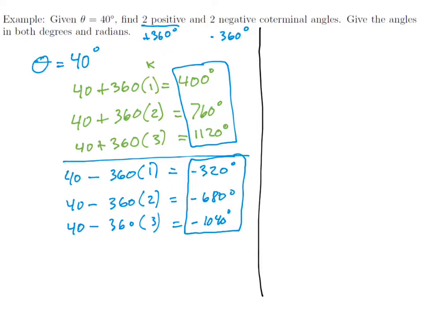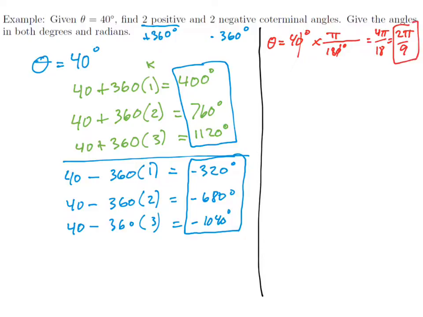The first thing we need to do is convert this angle from degrees into radians. So remember, we multiply by pi radians over 180 degrees. Well, we can divide both of these by 10. We get 4 pi over 18 or 2 pi over 9.